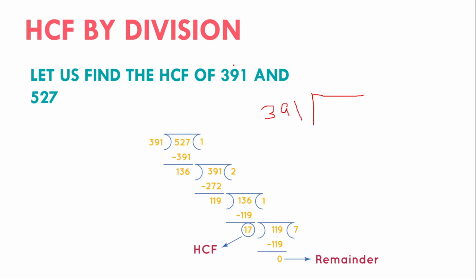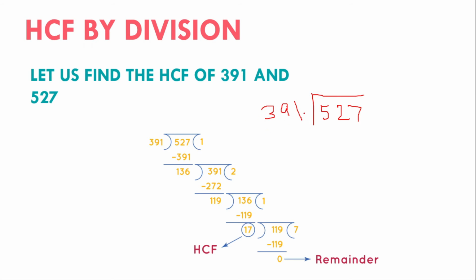So the smaller number between these two is 391. So it will be the divisor, and the dividend will be the larger number. So the larger number is 527. Okay, now we have to divide them both.